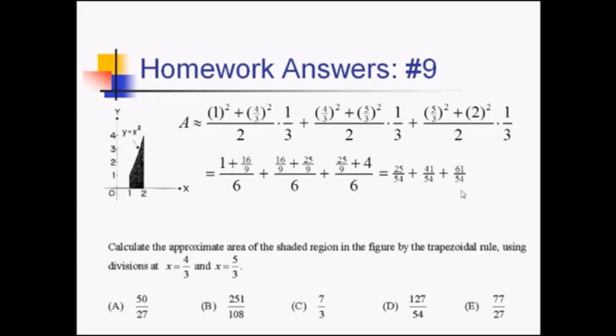There we go. So we have a denominator of 54, which seems to indicate answer choice D, but we better add up the numerators just to make sure there's nothing that reduces here. Actually, I'm going to add the 41 and the 61 first. So that's going to be 102 plus 25 is 127. So 127/54. And among the answer choices, there's nothing that this reduces to.